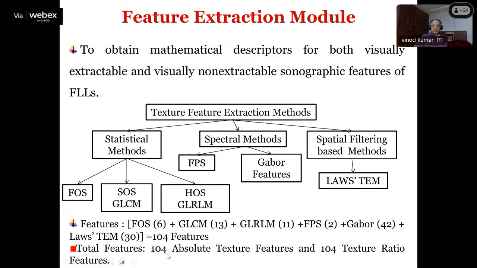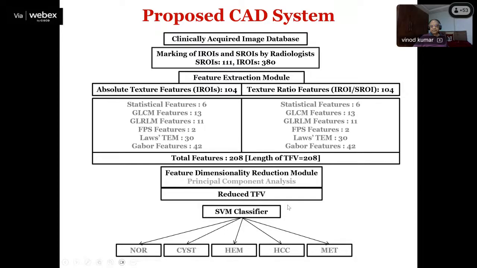So now our total features were 104 absolute texture features, and 104 we took ratio features. Ratio feature means we calculate the first order statistical feature from IROI and same from SROI, and we took the ratio of that, so that we can see that these two features have this ratio, and this ratio we used for our classification also.